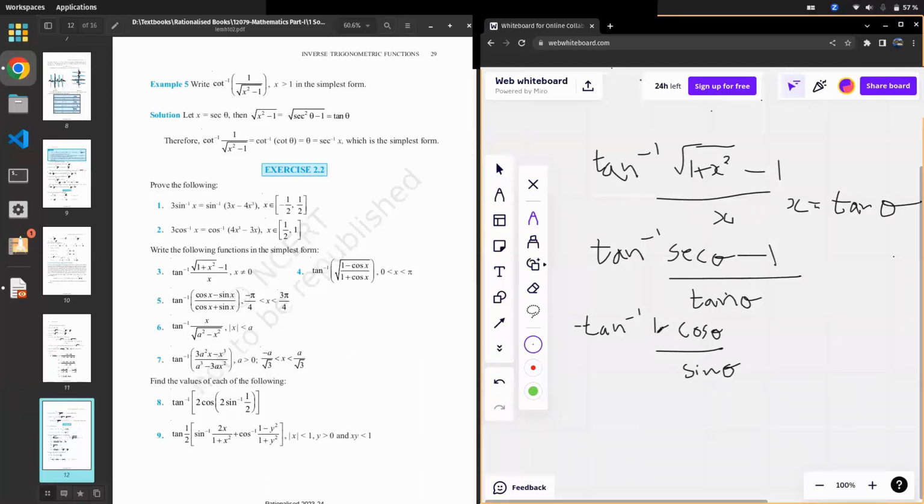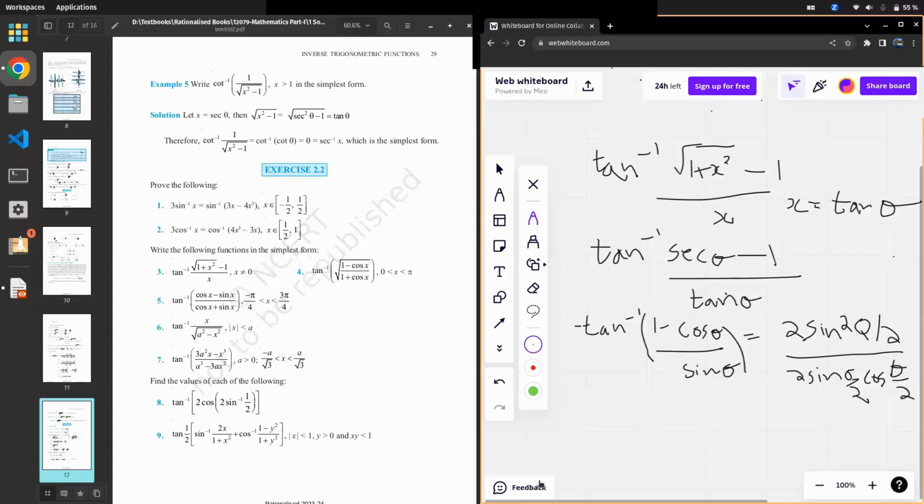So here, since it is 1 minus cos theta, we will write in terms of sin theta by 2. If we simplify this part, we will get 2 sin square theta by 2 divided by 2 sin theta by 2 into cos theta by 2. If we cancel the common terms, we will get this as equal to tan theta by 2.